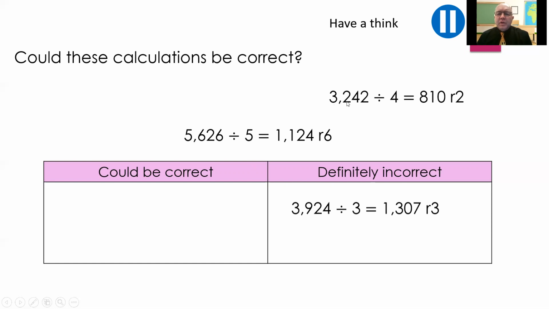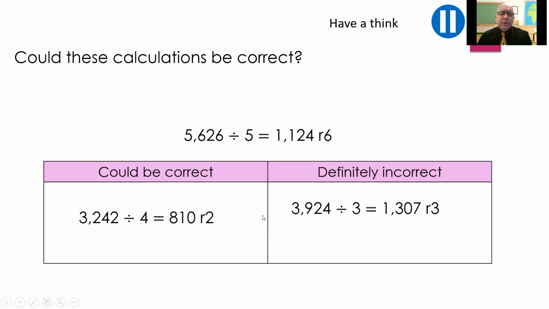What about this one? 3,242 divided by 4 is 810 remainder 2. Could that be correct? Yes, it could. And the reason is, if we look at the last 2 digits, the 10s and the 1s, we've got 42. And if we divide 42 by 4, then we're going to get 10 remainder 2.